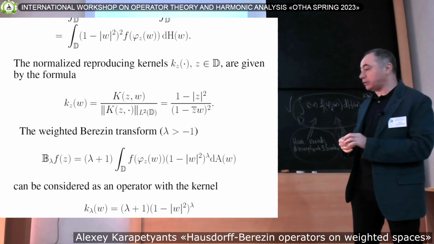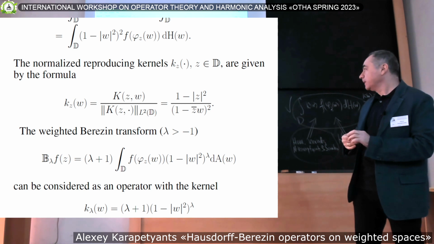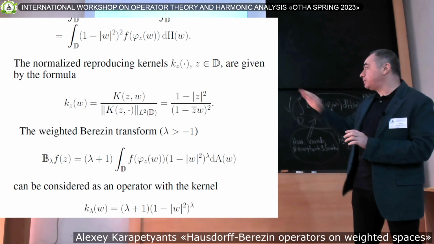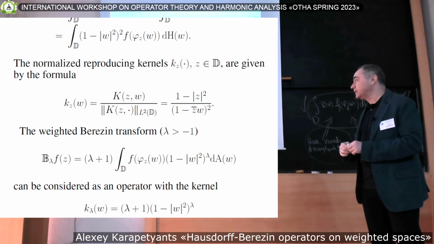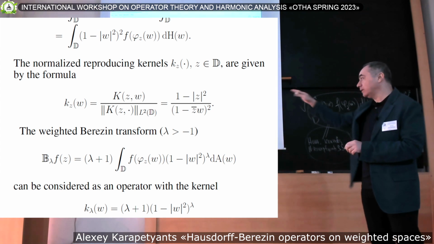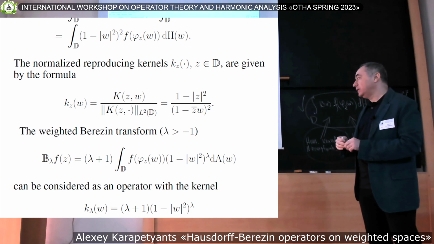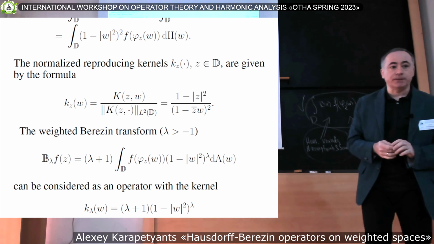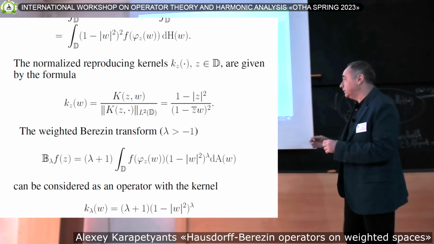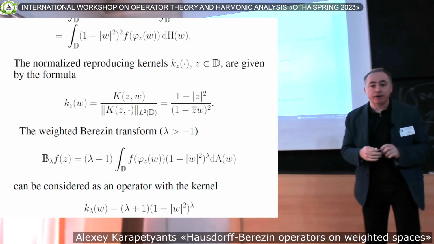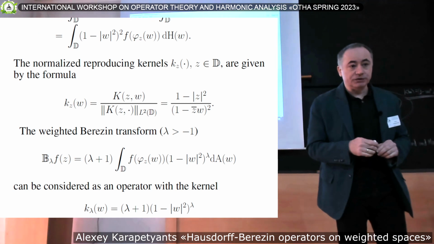That's what we did with Professor Mirotin. And of course the weighted Berezin transform is also a very nice construction, because when the lambda parameter moves, it possesses some approximation property. It's not just a generalization out of curiosity. This lambda parameter works very well in the theory of approximations.